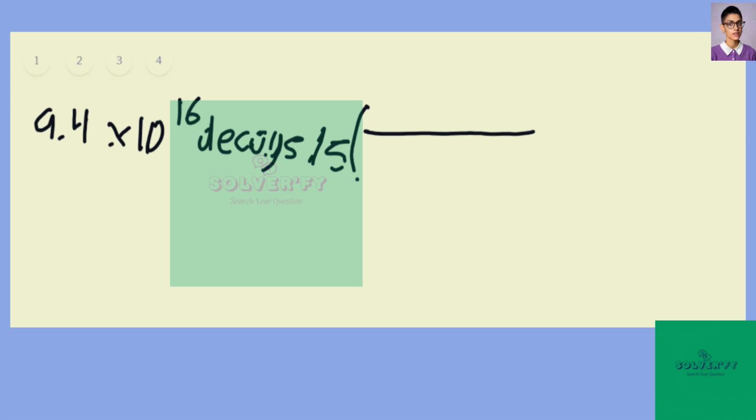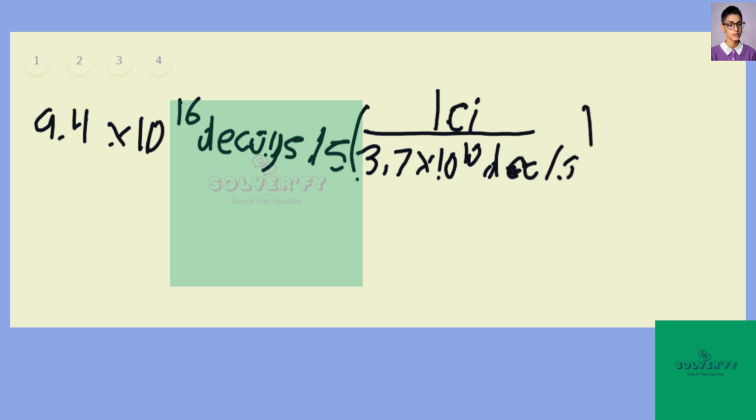We're converting to curies, and 1 curie is equal to 3.7 times 10 to the 10th decays per second. Divide that out, and we get 2.54 times 10 to the 6th curies.